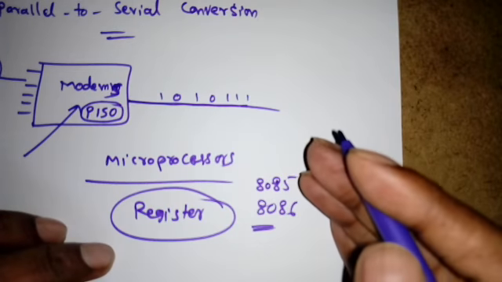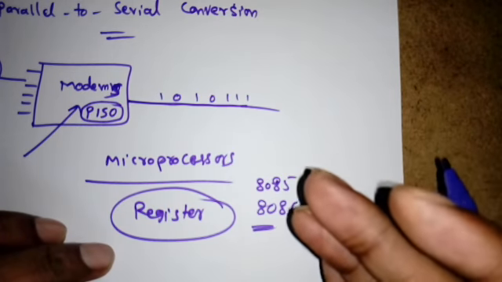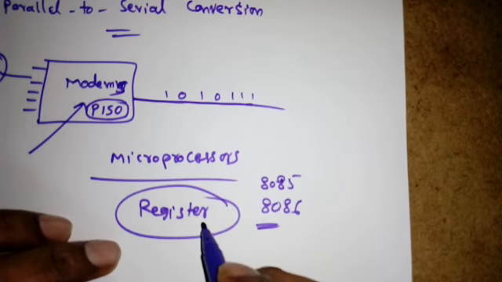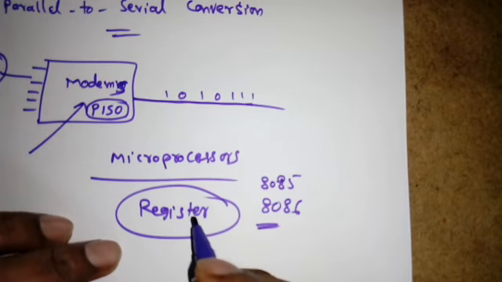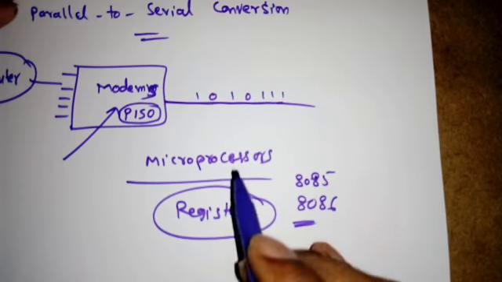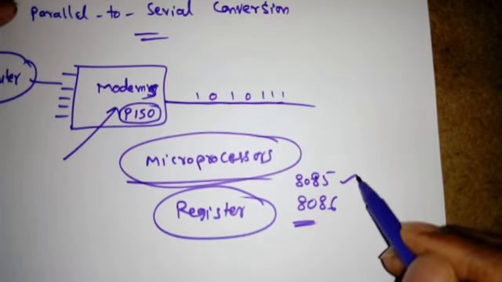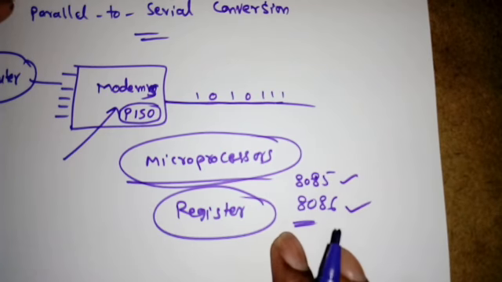When you write a command such as rotate right, rotate left, or shift right, this register will perform all the operations, right?